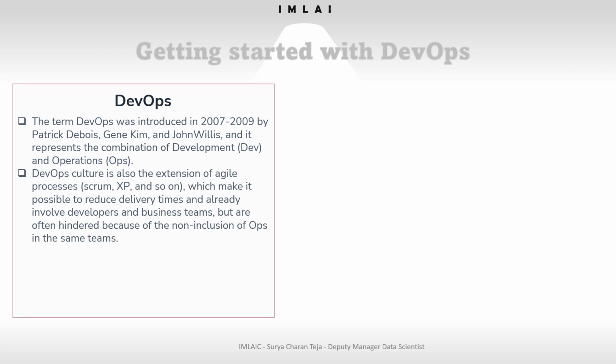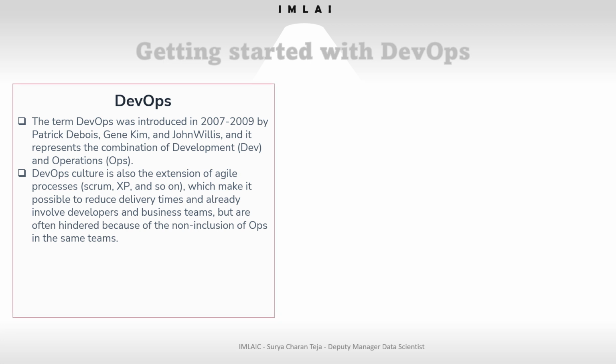DevOps culture is a set of practices that reduce the barriers between developers who want to innovate and deliver faster on the one side, and on the other side operations who want to guarantee the stability of production systems and the quality of the system changes they make.